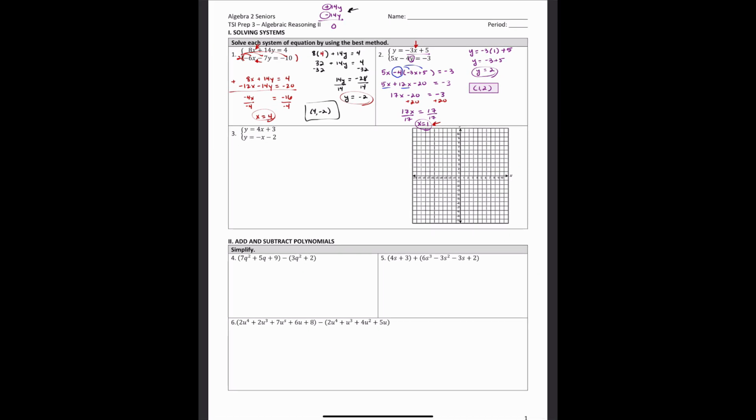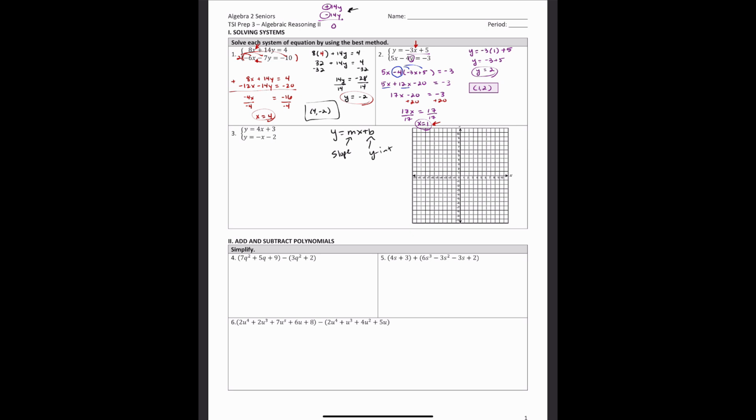All right, so with number 3, we have a graph. So you can solve this system by graphing, and remember, if we have our equations in the form y equals mx plus b, we can start with our y-intercept and then use that point to rise over run. Okay, so this here, that b represents the y-intercept, and then m represents the slope or the rise over run.